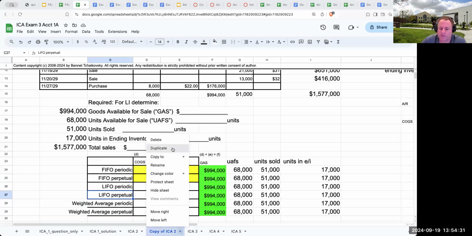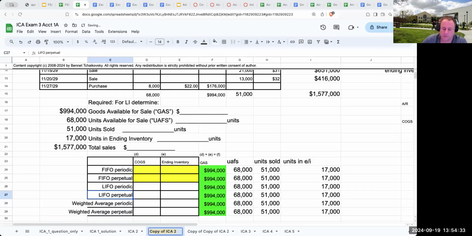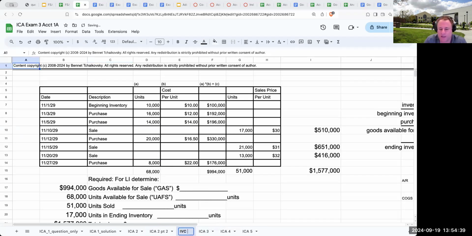So we're just going to duplicate this. And now let's go through ICA 2 part, we'll call this 2.1. Okay.